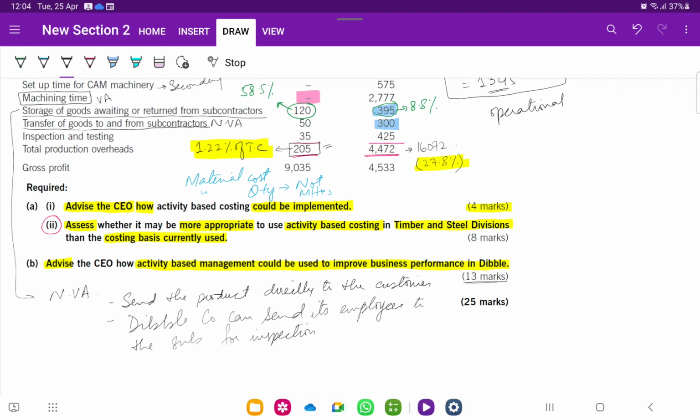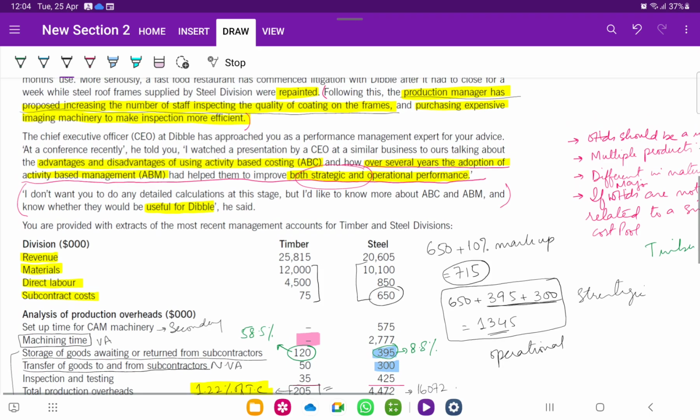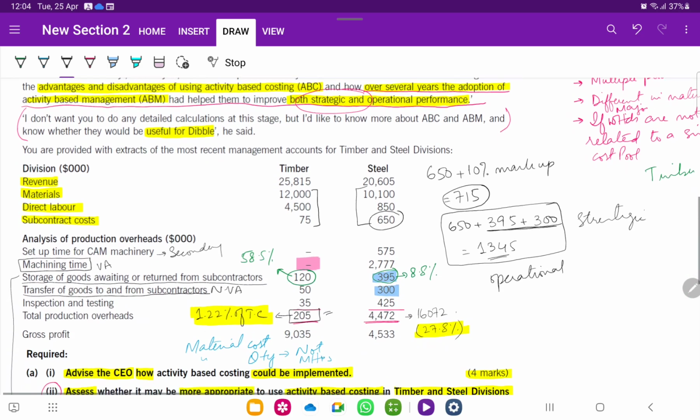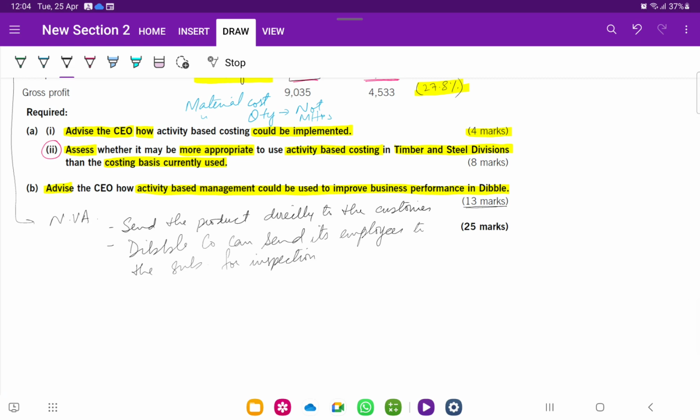See, if you send your employees to the subcontractor, then the problem is we have also purchased an imaging machinery to make more efficient inspection. So obviously, is it possible to transfer the machinery from our company to the supplier, and whether the supplier will be willing to accept our setup in his factory, right?